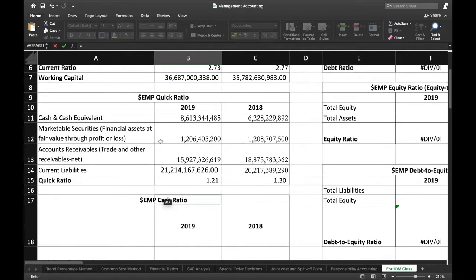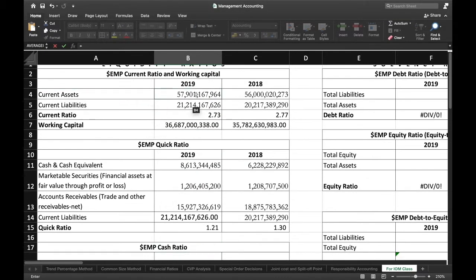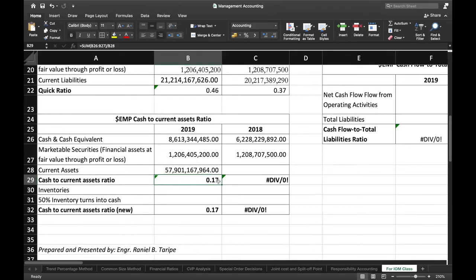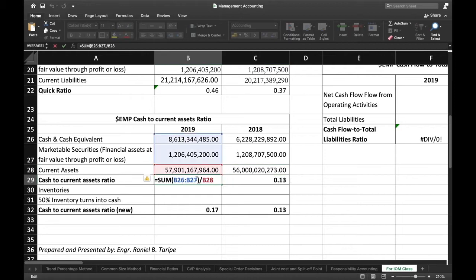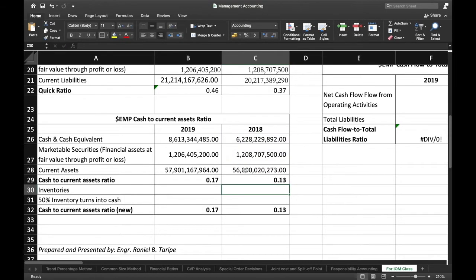Then, our current assets, we have here. Okay. Then, copy natin for 2018. Yan, no? Cash to current assets ratio. Summation ng dalawang to divided by current assets. Same with 2018, cash and cash equivalent and marketable securities over itong current assets natin.